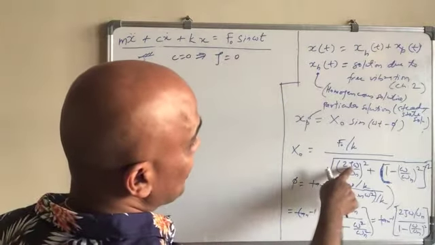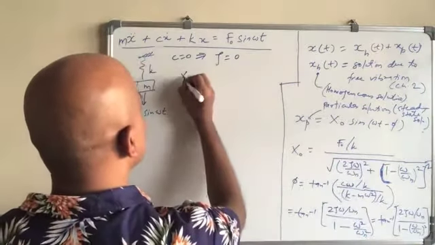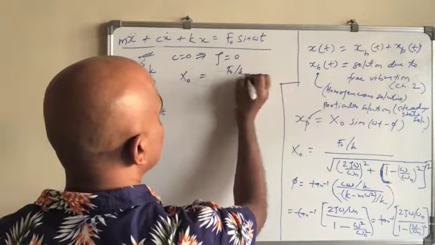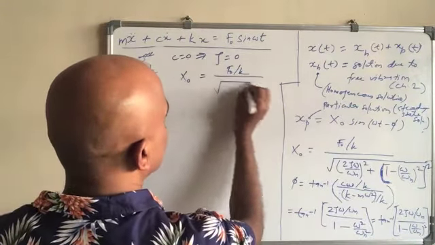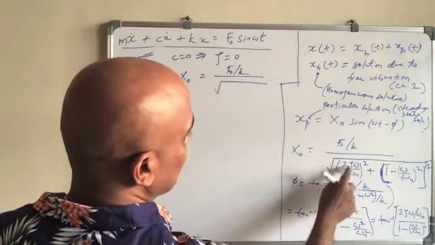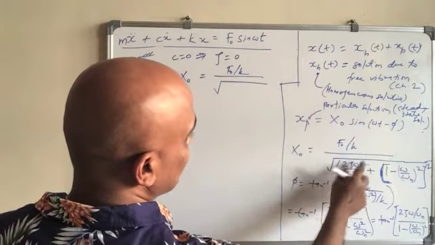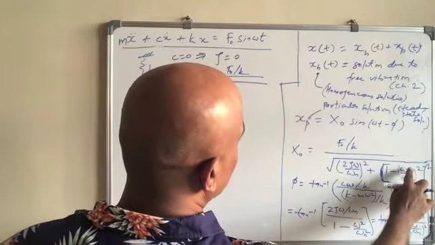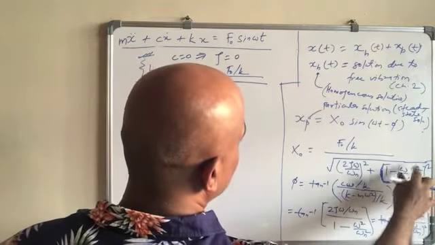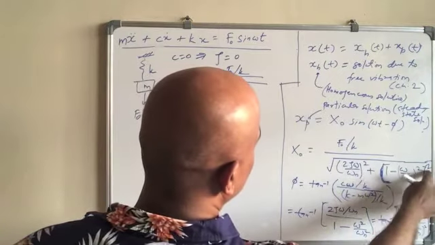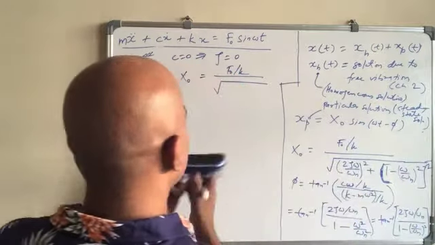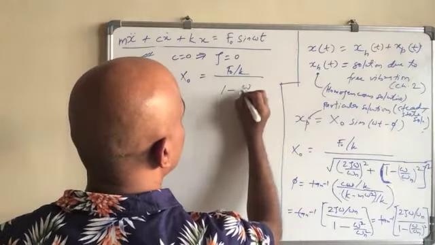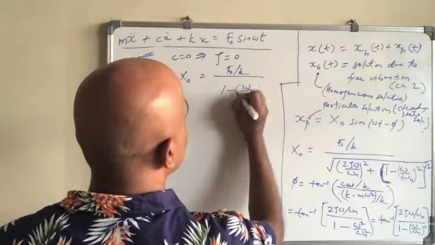So put zeta equal to 0 here. What do you get? You get x naught is equal to F naught over k divided by, with zeta equal to 0, this term is gone. Then here you have 1 minus omega over omega n squared, and the square root, so what we get simply is 1 minus omega over omega n squared.